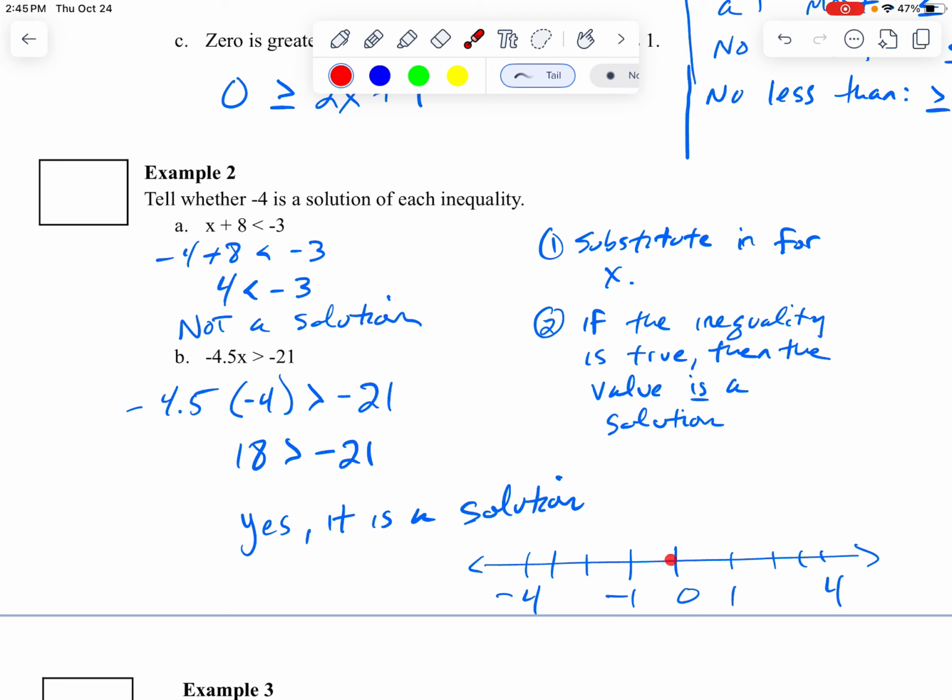As we go to the left, notice that the number gets bigger, as in this is a 1 and this is a 4, but that's actually a smaller number. This is something you need to be careful of. Anytime a number is left on the number line, it is smaller than a number that is on the right. So even though the number 21 itself is bigger, that's -21. That's way over here on the number line. Positive 18 is way over here. 18 is a larger number, right? Positive 18 is a much larger number than -21.